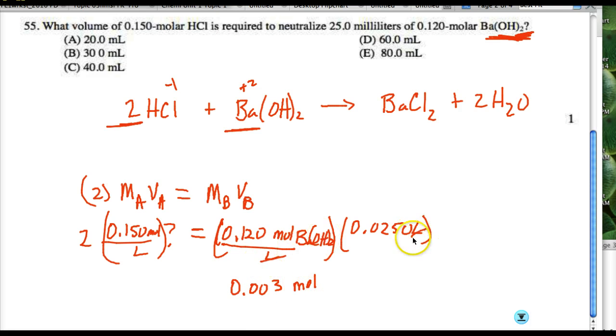My liters canceled. And those moles, I'm going to divide by the 0.15 moles per liter to isolate this volume. This is my volume, which is my question. So I'm going to divide that by the 0.15, and so then I should come up with something along the lines of a 2.